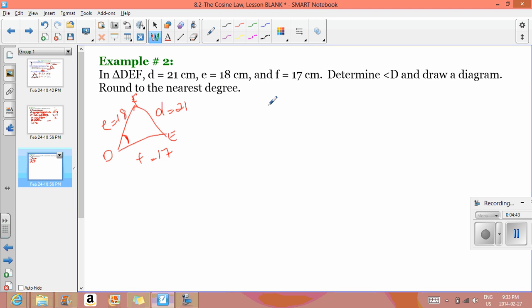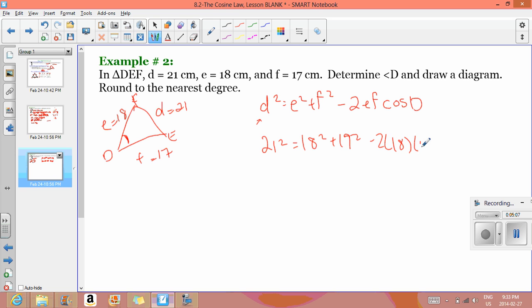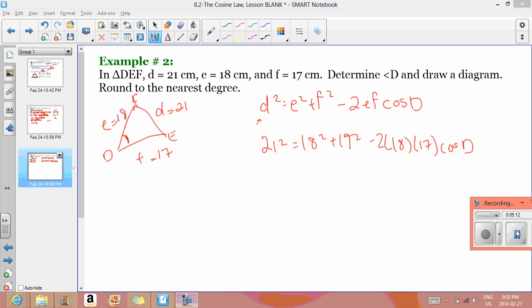So if we're looking for angle D, that means our equation has to be d squared equals e squared plus f squared, because we're looking for angle D, we would use the formula that has the d in front. And then we would write the rest, and it would be for cos of D. And then we just sub in our values. So we have 21 squared equals 18 squared plus 17 squared minus 2 times 18, 17, and then cos d. So this is the example where we're given the 3 side lengths.